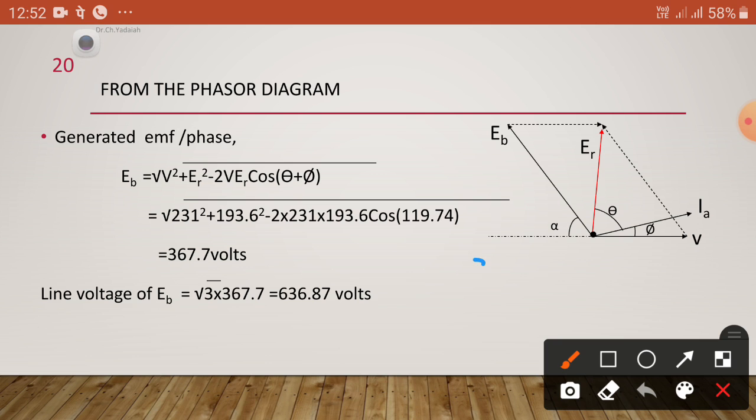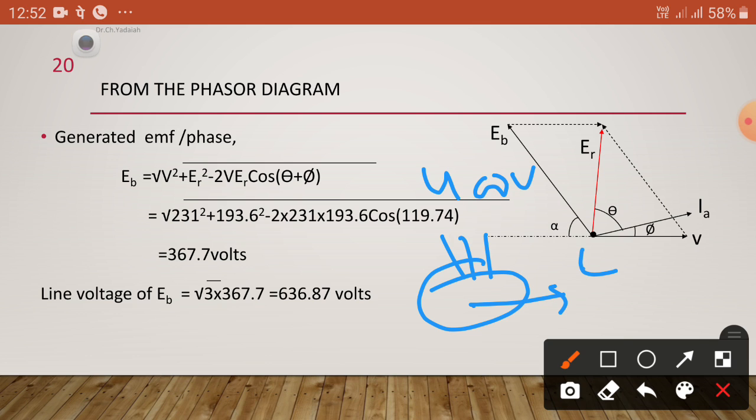Actually our motor input is 400 volts only, 3 phase, but in this one generated back EMF is equal to 637.87 volts. You can observe nearly 237 volts more than that.